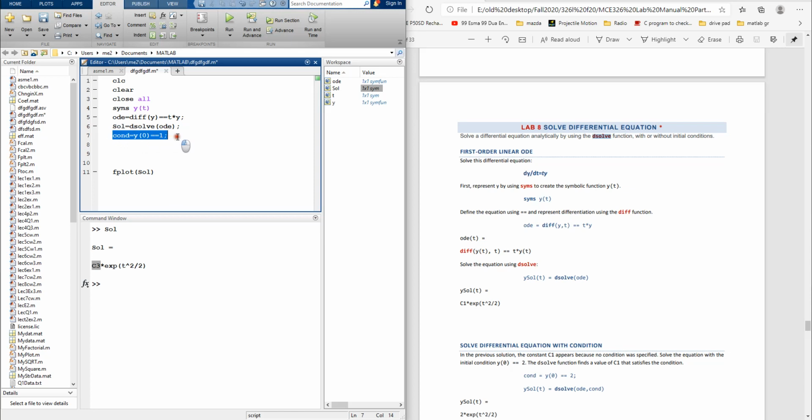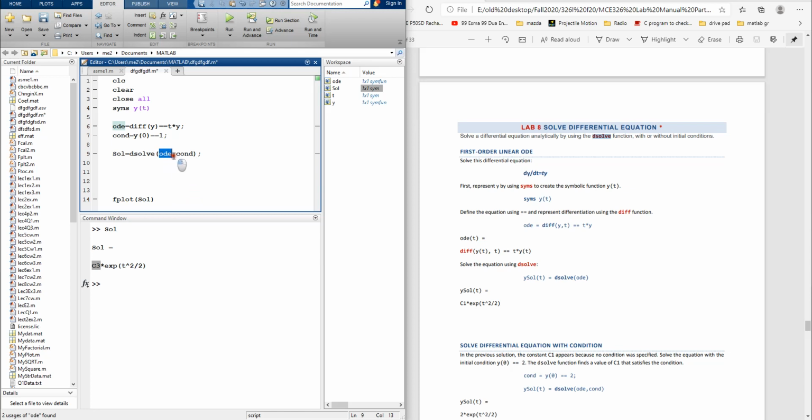So let me cut here and write the ODE like this. So I'm defining the ODE, and this is the definition for the ODE with the initial condition, and this is the solution. Now I want to solve using dsolve the ODE, comma, at the condition cond.